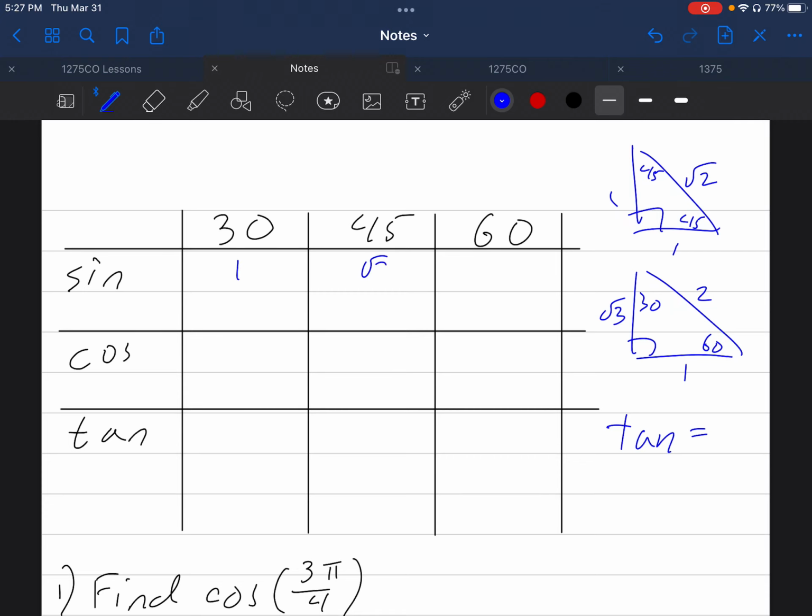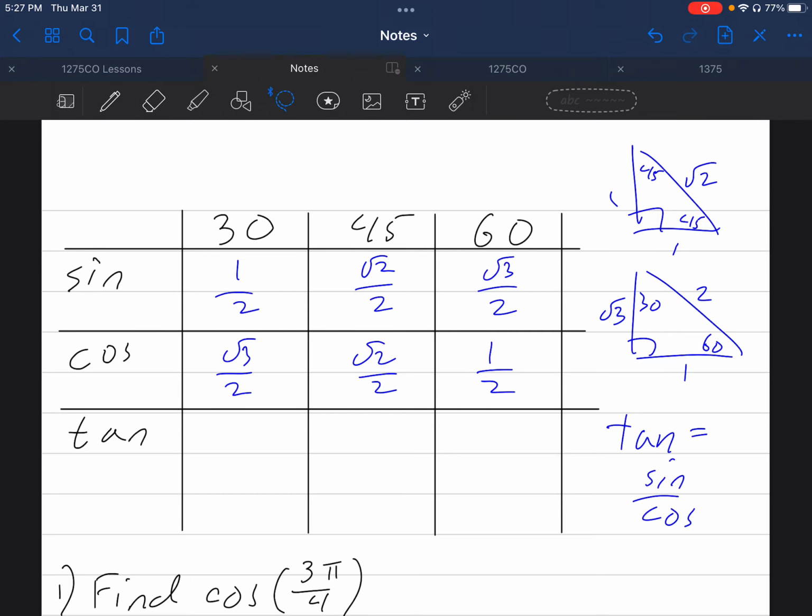1, radical 2, radical 3, divided by 2 each. And then radical 3, radical 2, and 1, counting down for the cosine values, again each divided by 2. And then if we look at tangent, which is equal to sine over cosine, then we can take the numerator of sine and cosine and put it on top of one another.